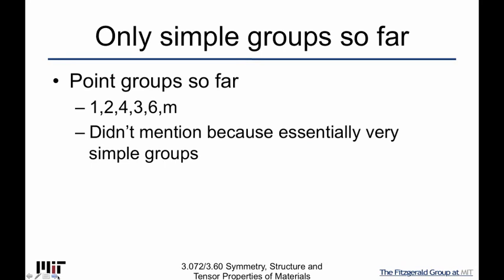Now, we haven't created groups with many things in them, right? So all the groups have right now just an identity element in itself, right? So the only point groups, and now here's some terminology. I put this term point. And what I mean is that if you look at these 6 operations, they operate on a point, right? Obviously, rotations operate on a point, because you're rotating about there.